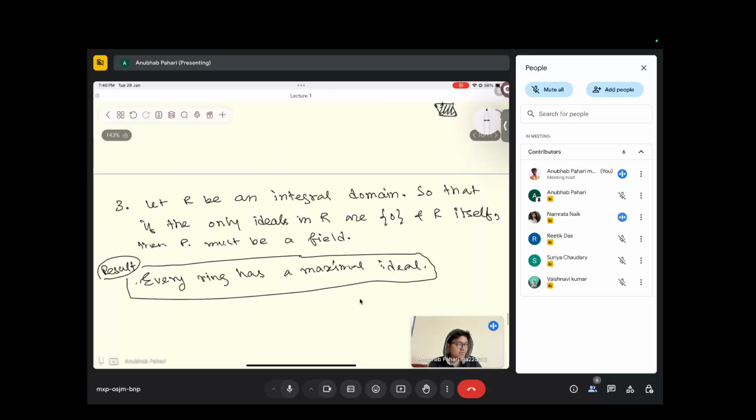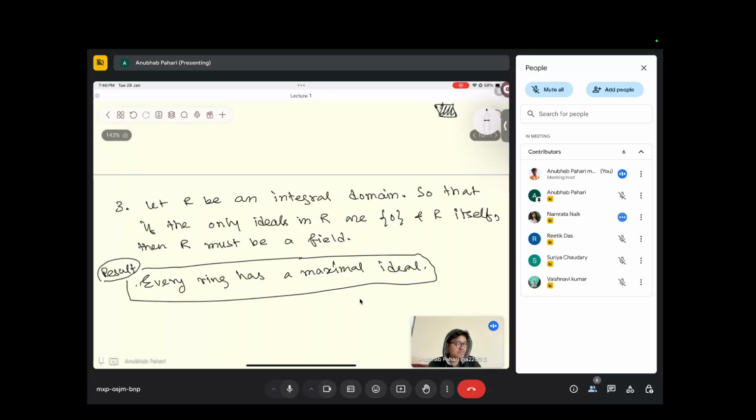Why do I need to assume that? Because zero itself will work. I'm given that zero is an ideal, and there is no bigger ideal than zero which is not equal to R. So zero has to be the maximal ideal by the definition.